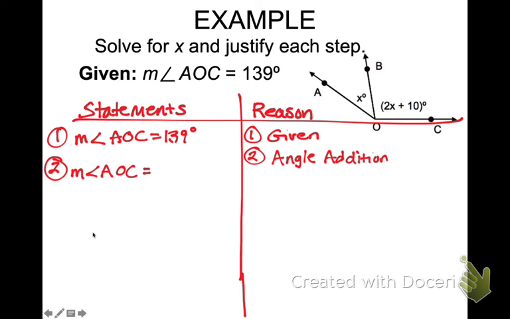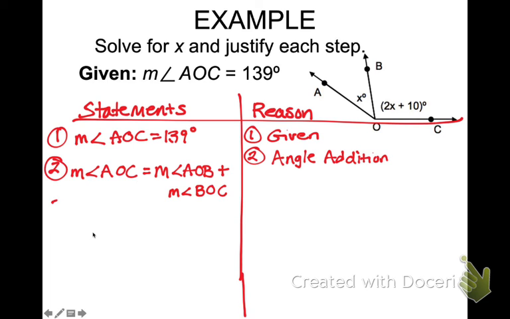So give me one of the small ones. Well, in letters, name it first. Angle x. Well, what is the angle name? AOB. So the measure of angle AOB plus the other one, which is BOC. So angle addition is what tells me that I can do this.